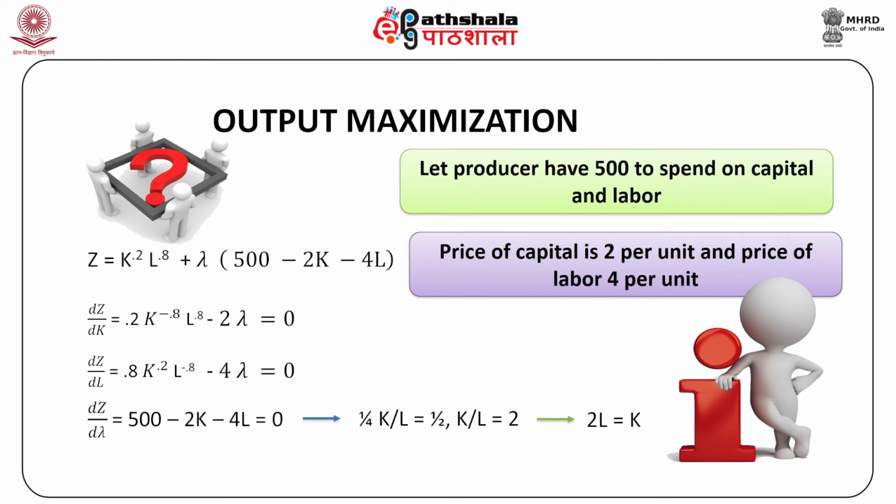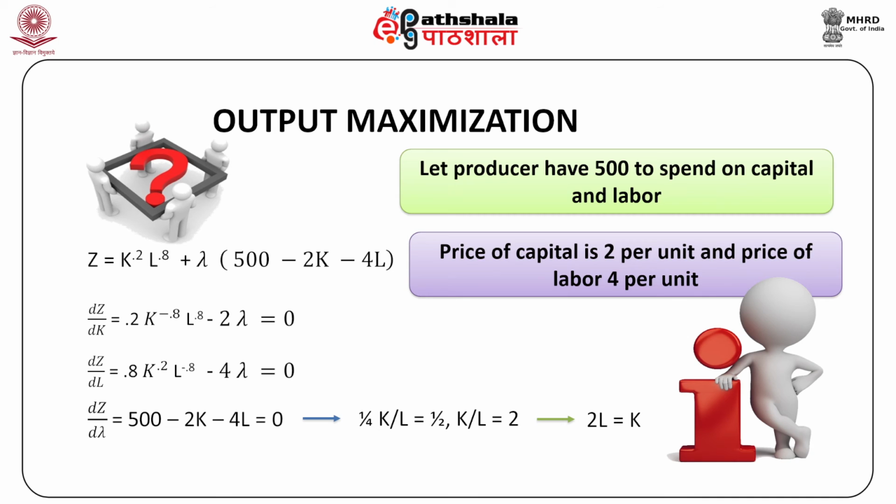Differentiating equation 2 with respect to K, L and lambda, we have del Z by del K is equal to 0.2 K raised to the power of minus 0.8 into L raised to the power of 0.8 minus 2 lambda equal to 0, known as equation 3. Del Z by del L is equal to 0.8 K raised to the power of 0.2 into L raised to the power of minus 0.2 minus 4 lambda equal to 0, which is known as equation 4.